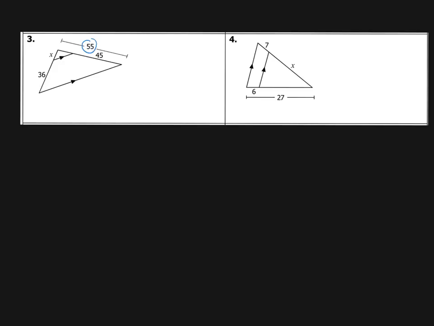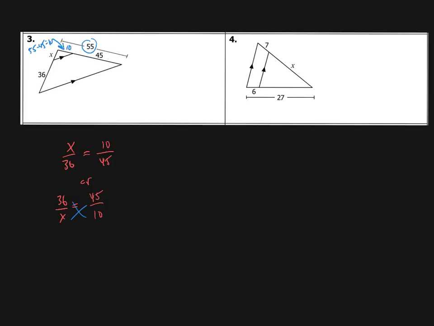As we move into 3 and 4, what do we notice? I notice that they give me the overall length. So to get this length right here is simply 55 minus 45, which is equal to 10. So now I have a nice little proportion to set up. I'm going to say x is to 36 as 10 is to 45, or I could have said 36 is to x as 45 is to 10.